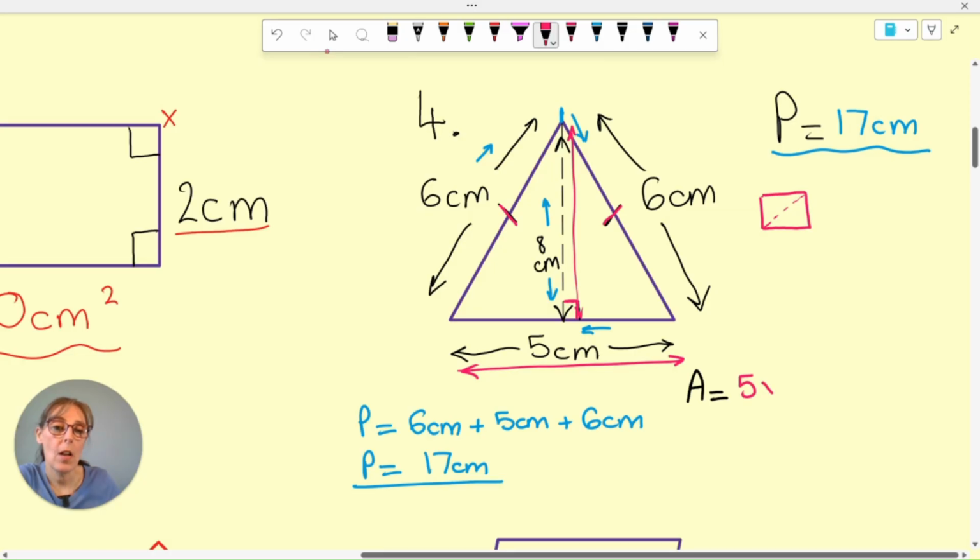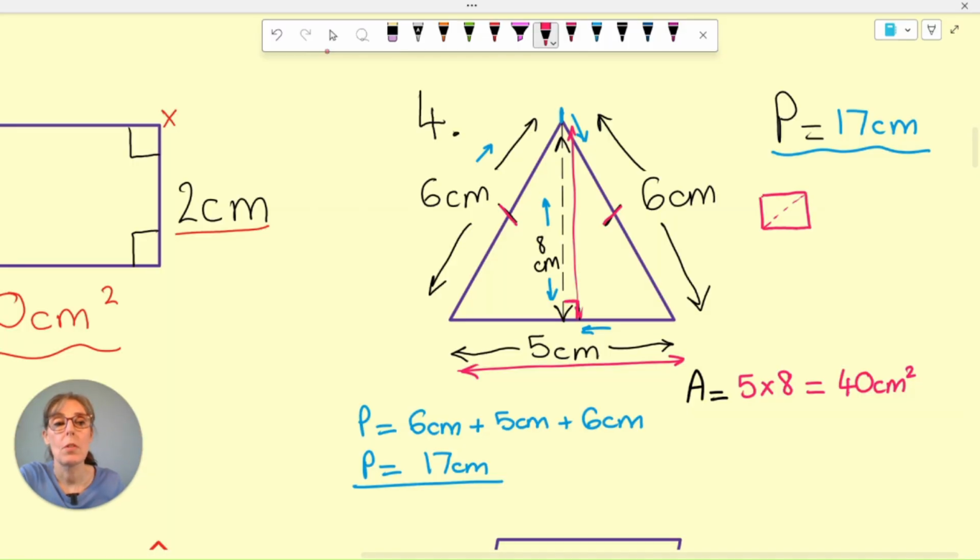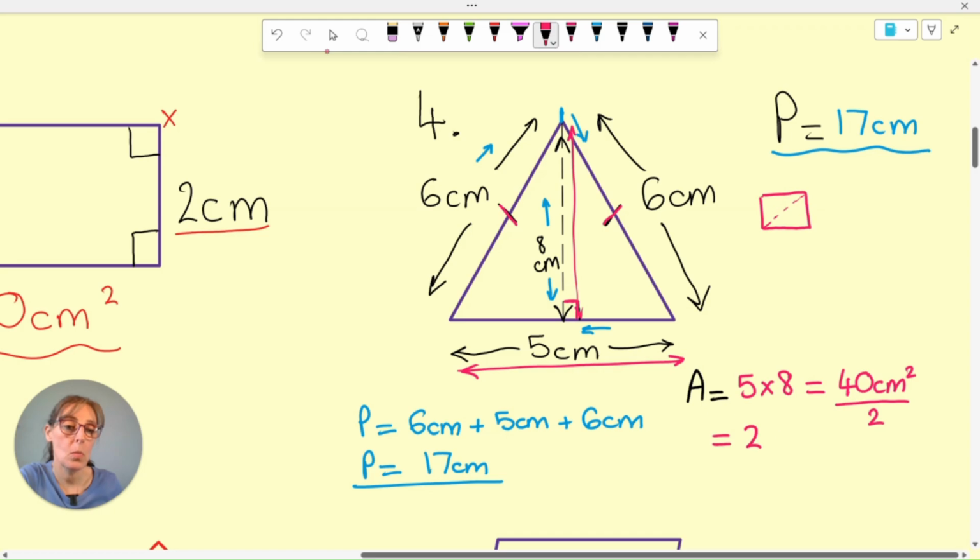So I'm going to do 5 times 8. And that's centimeters times centimeters, which is 40 centimeters squared. That gives us the rectangle. What portion of the rectangle is a triangle? Half of it. So then we have to half that, and our area is going to be 20 centimeters squared.